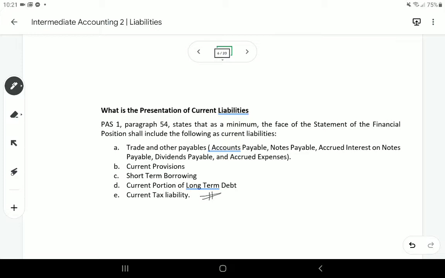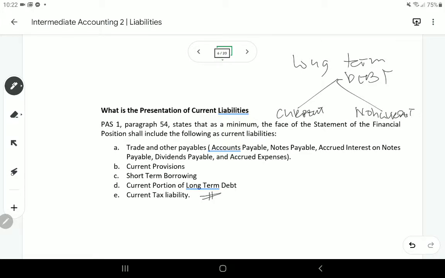However, a long-term debt basically has two parts in relation to its payability, or in relation to term. Out of that long-term debt, we have the current portion and the non-current portion. That is in general.